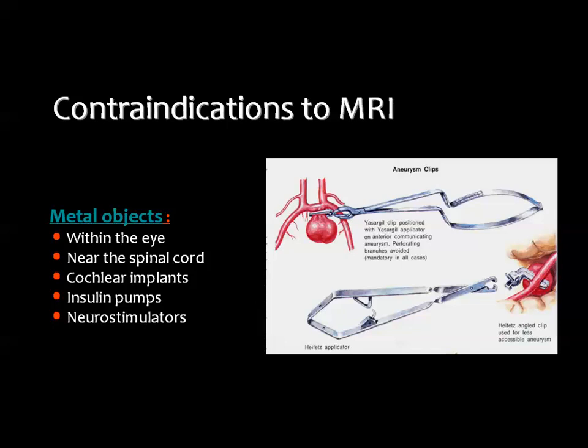But still there are some objects that if the patient has one of them, then he should not enter the MRI room, like a metallic object in the eye, a metallic object or shrapnel near the spinal cord, some types of cochlear implants, insulin pumps, and some of the neurostimulators.